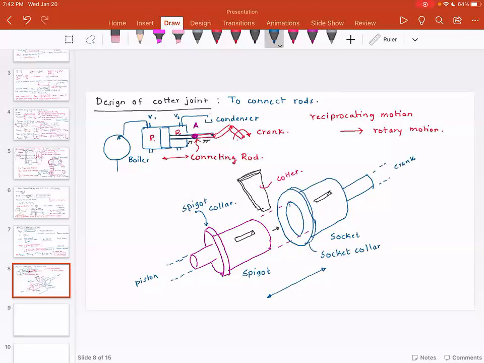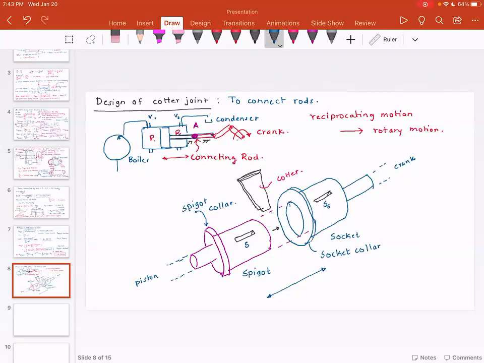And when they are aligned, these holes, the spigot hole, which I'm denoting as S, and then the socket hole, which is SS, they align.